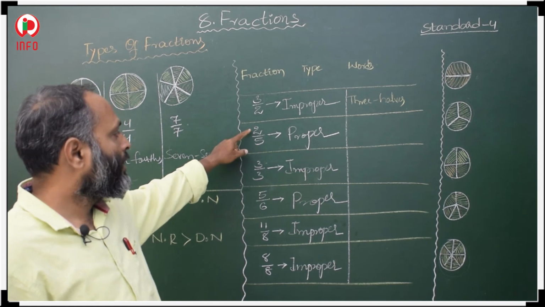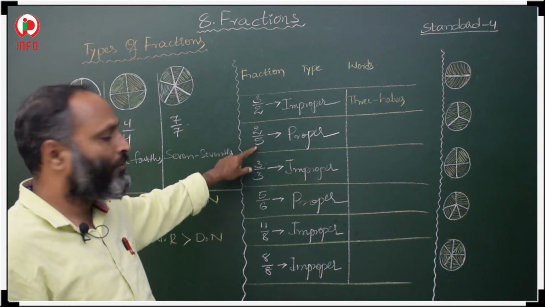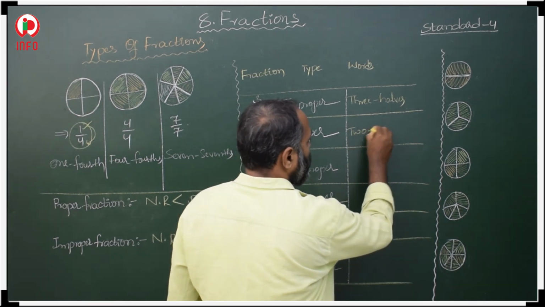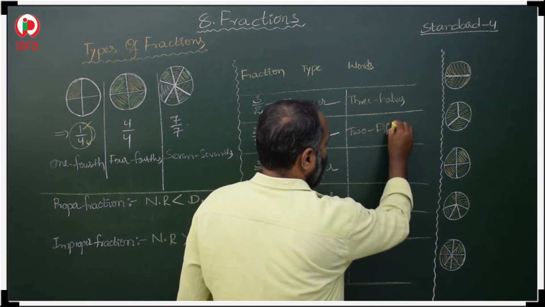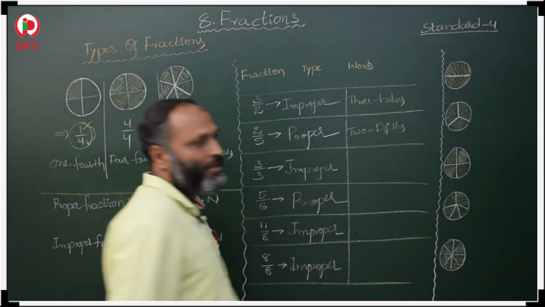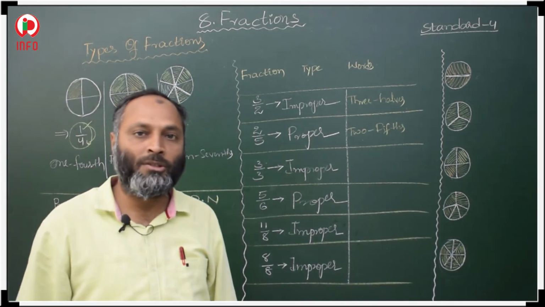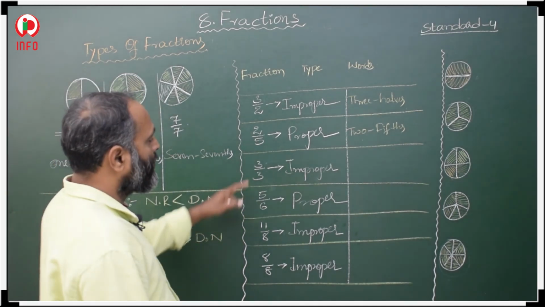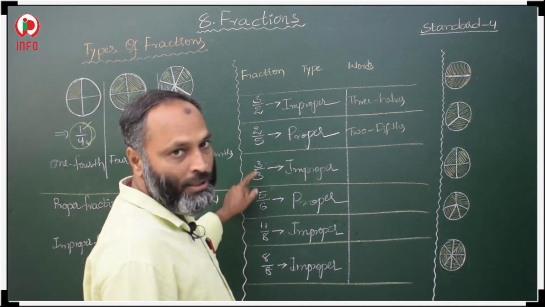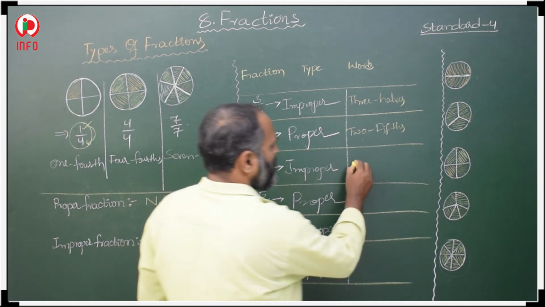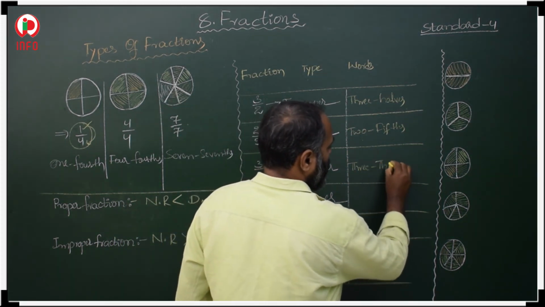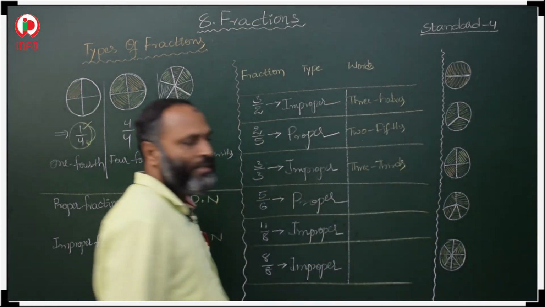Next, 2/5 means 2 fifths. Next, 3 thirds.